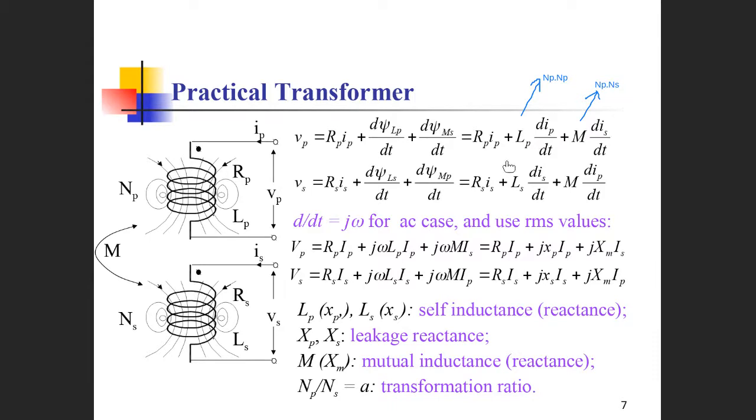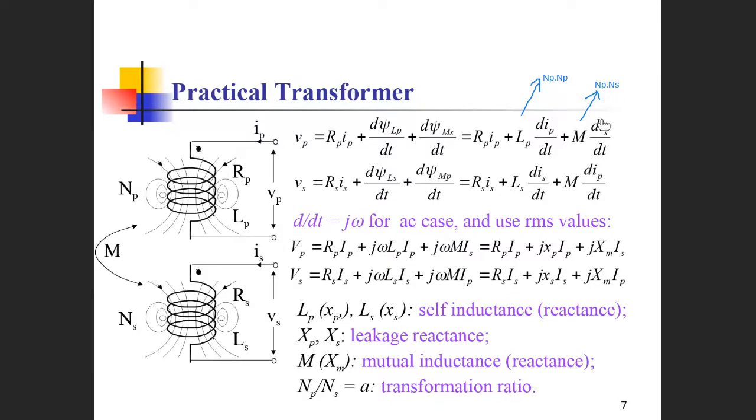In the earlier course you learned how to express the inductance. The inductance is proportional to the turn number squared over the reluctance for the self one. For the mutual one, the producer is the secondary with N secondary, and the receiver is N primary.